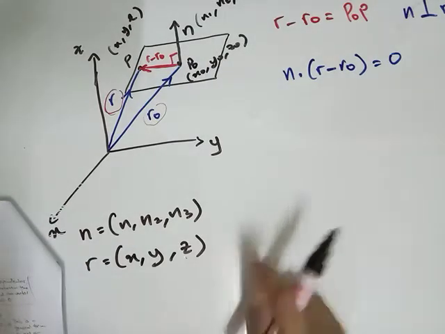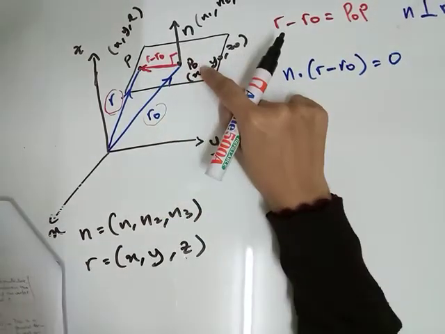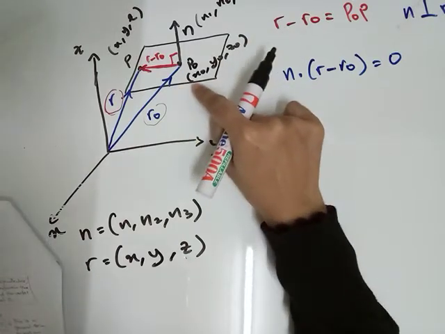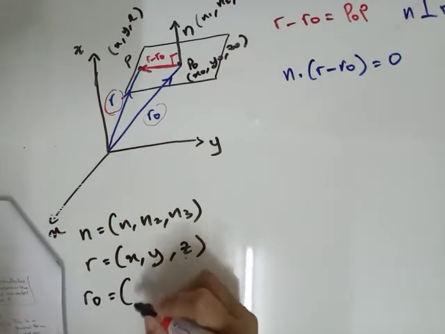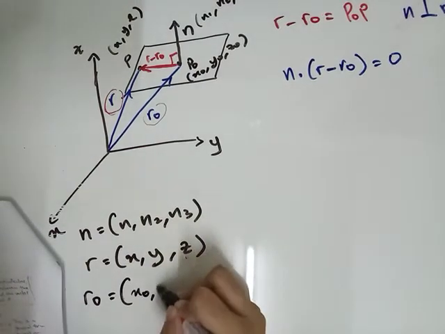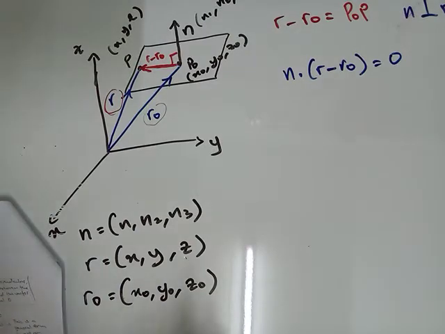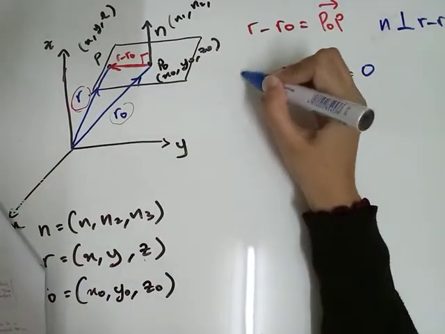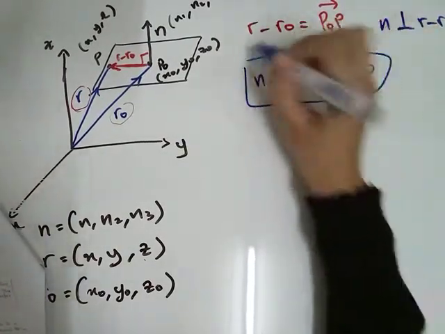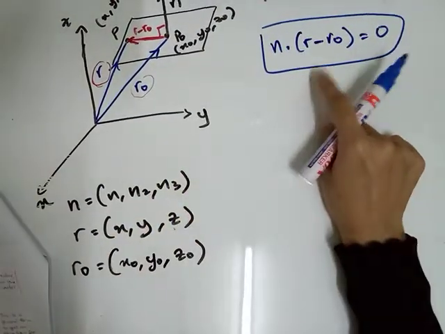And for r naught, the position vector for P naught, the value is x naught, y naught, z naught. From this equation, we substitute these values.